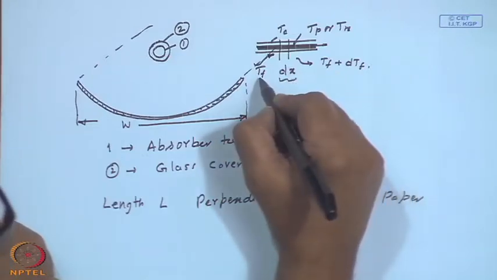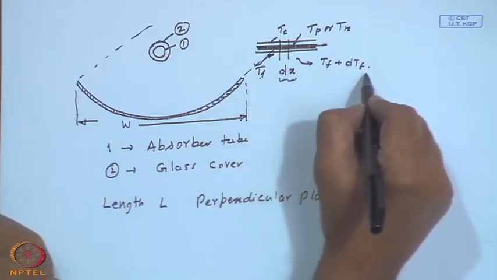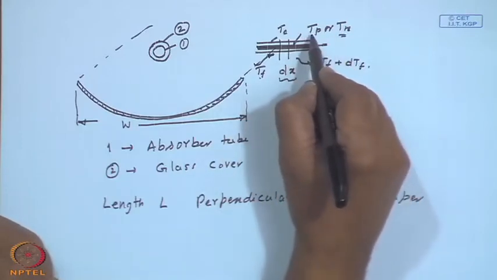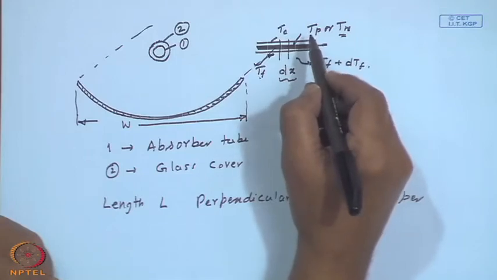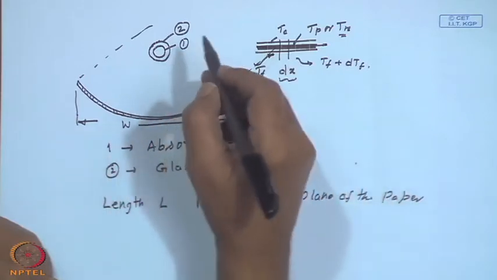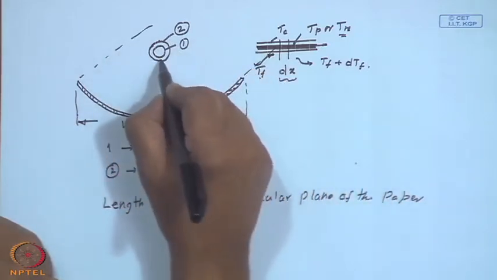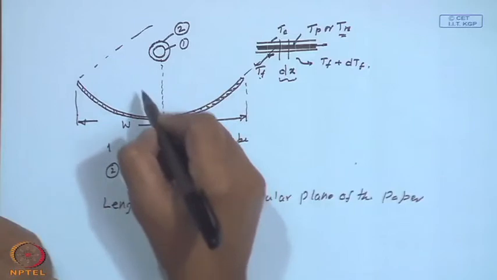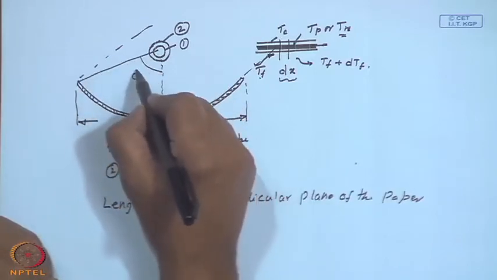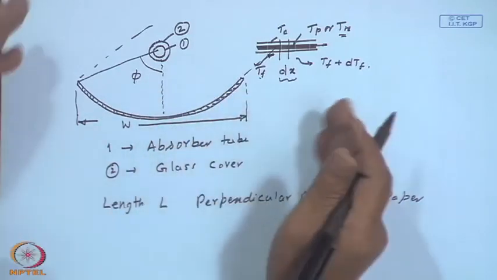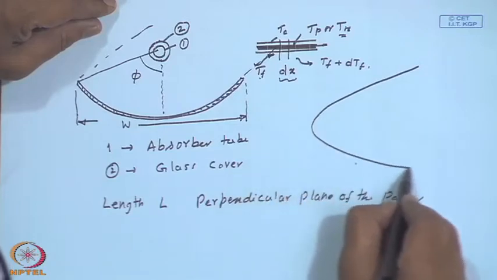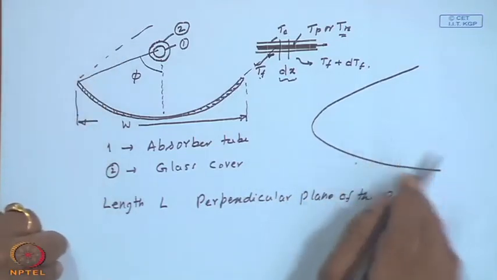The temperature of the fluid increases from Tf to Tf plus dTf, and the receiver tube is at Tr or Tp in your flat plate terminology, and the outer cover is at a T cover of Tc. And with respect to the axis, this is some sort of an angle phi. So, this indicates how big is the parabola. I mean, the parabola technically can go on up to any extent.